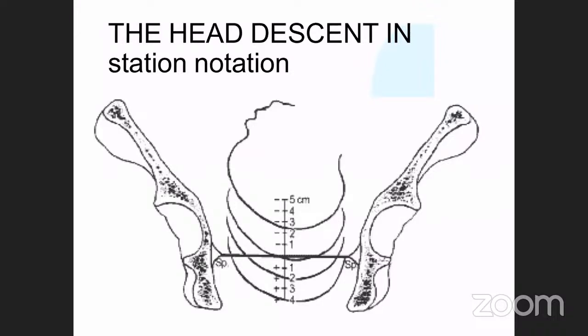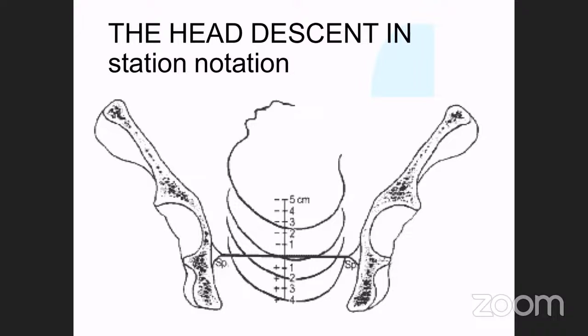Now, the head descent in station notation. Station is assessed during VE by palpating how much of the head is at the level of the ischial spine. Has the head reached the ischial spine, or has it not? The ischial spine is considered to be level 0. If the head is 1 centimeter above the ischial spine, it's -1.